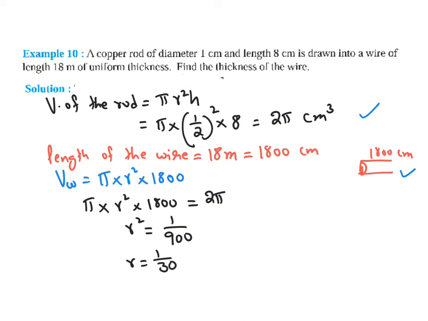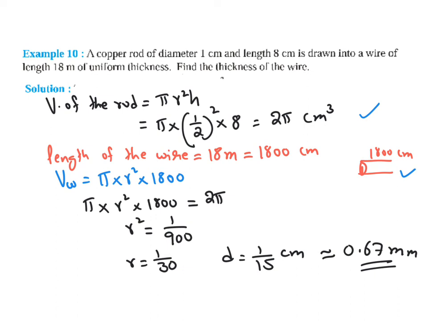So the diameter of the cross section, or the thickness of the wire, is going to be 1 over 15 centimeters, because the diameter is 2 times the radius. If you change it into millimeters, it's going to be approximately 0.67 mm.